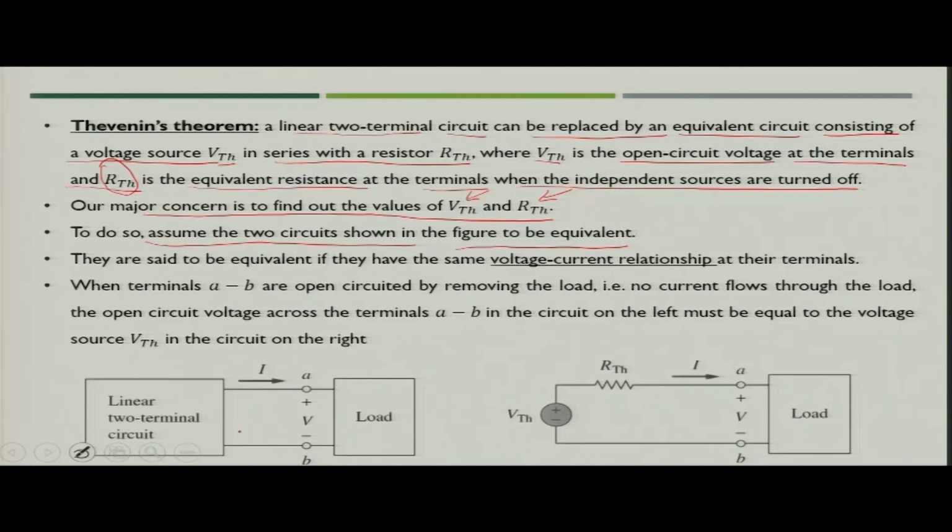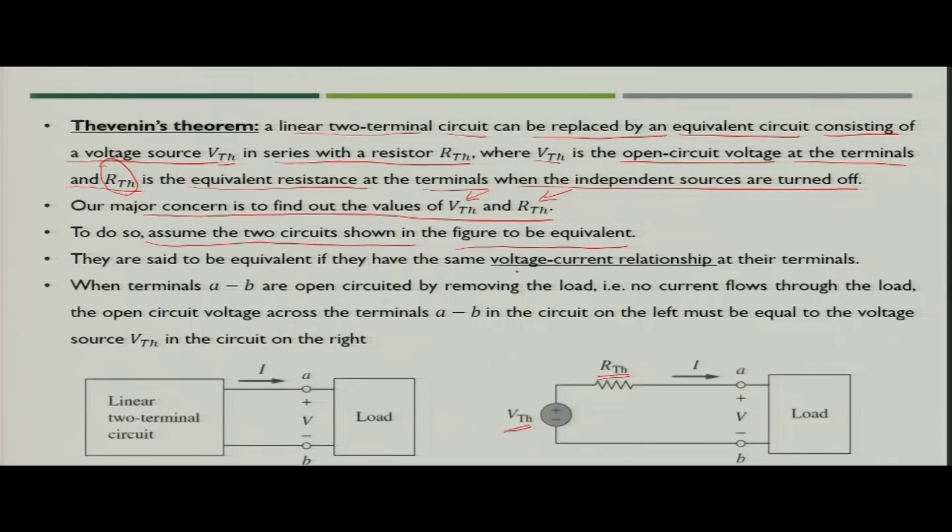There is an unknown linear network where we do not know what is inside, and outside that linear two terminal circuit we have connected a load across terminals A B. The voltage across terminals A B is V and the current flowing into the load from the external circuit is I. If we replace the external circuit with the Thevenin equivalent, that is, Thevenin voltage VTH in series with one resistance RTH, and the V-I characteristic at this terminal is the same, then this circuit will be considered an equivalent of that external circuit.